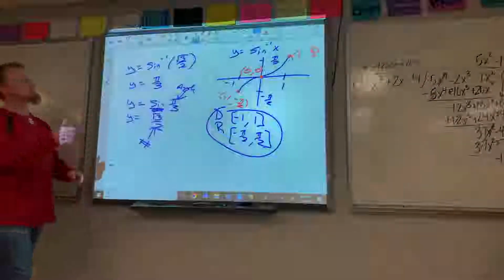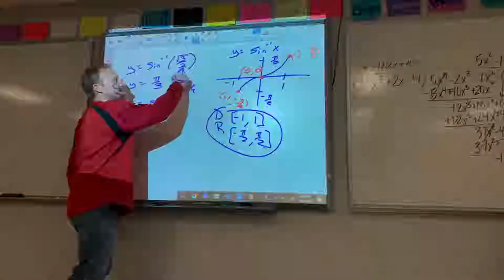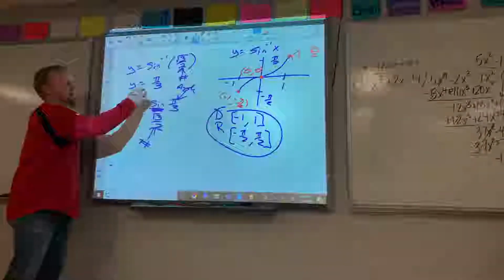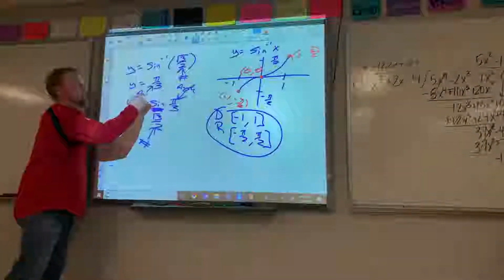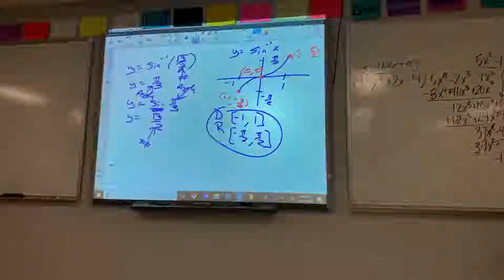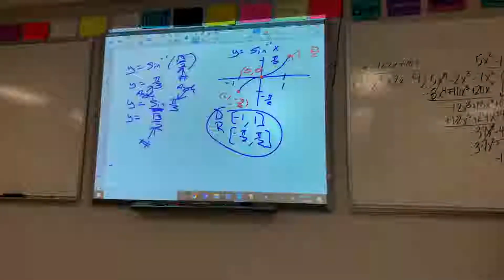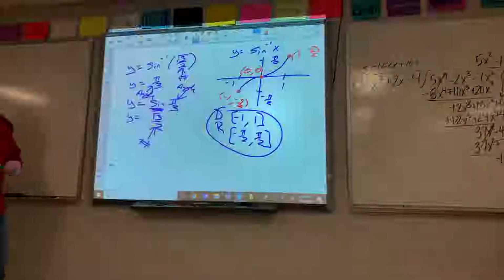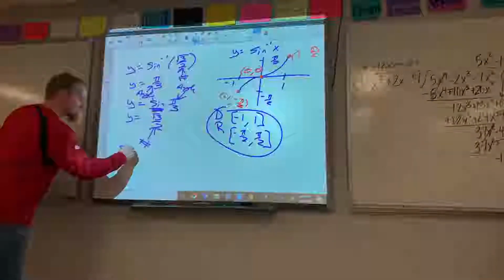So if you notice, this right here is a number, and I got an angle out. Okay? So what you need to realize is you're looking at a number, and then you're asking yourself what angle goes with that number when you're dealing with sine. So that's why we wrote down all of those trig functions.